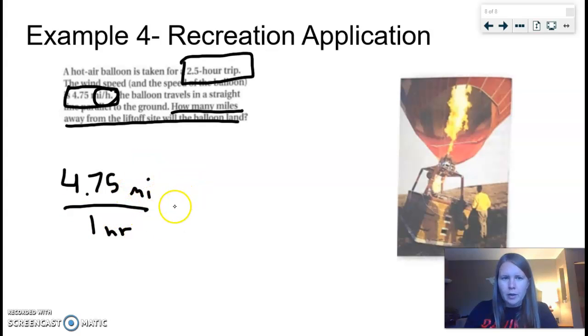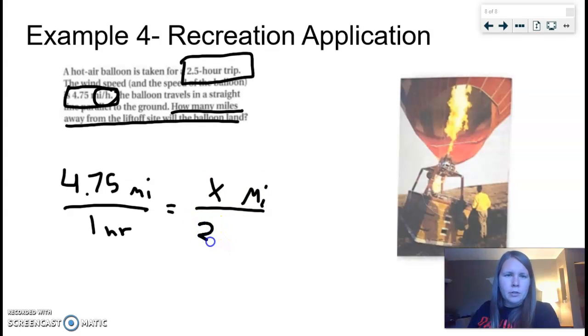If I set up a proportion and solve it, I want to keep the same measurement on each part. So I'd have the miles at the top. I don't know how many miles that is though. And then on the bottom, you'd have 2.5 hours.